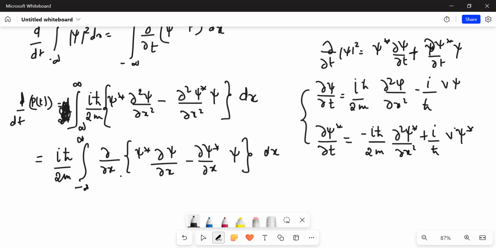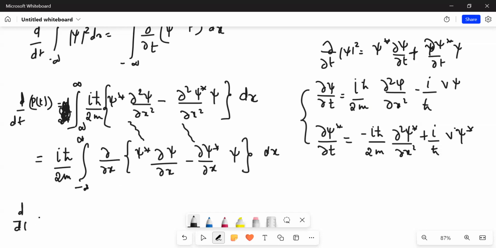Okay, so if you differentiate it, just try to differentiate. If you differentiate, you get ∂ψ*/∂x ∂ψ/∂x minus ∂ψ*/∂x ∂ψ/∂x. This would get cancelled. You keep this here as it is, and then you differentiate. So ∂²ψ/∂x² would come, and this would come. So basically, writing this and writing this is the same.